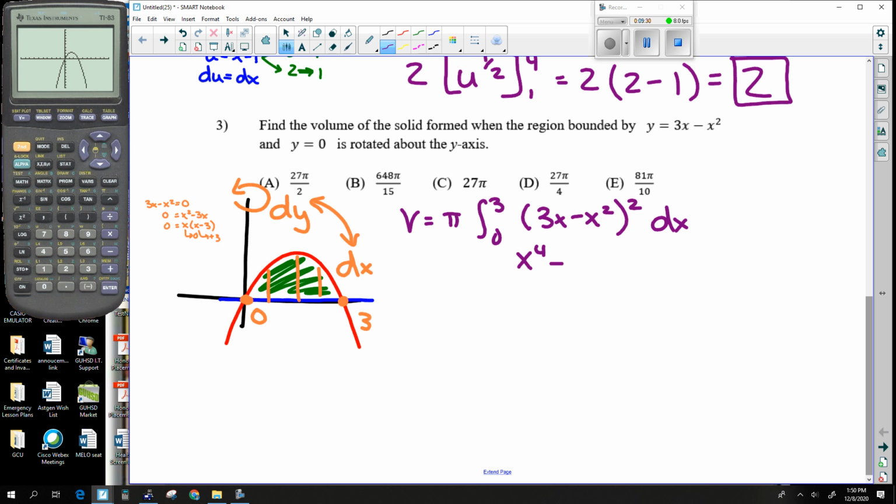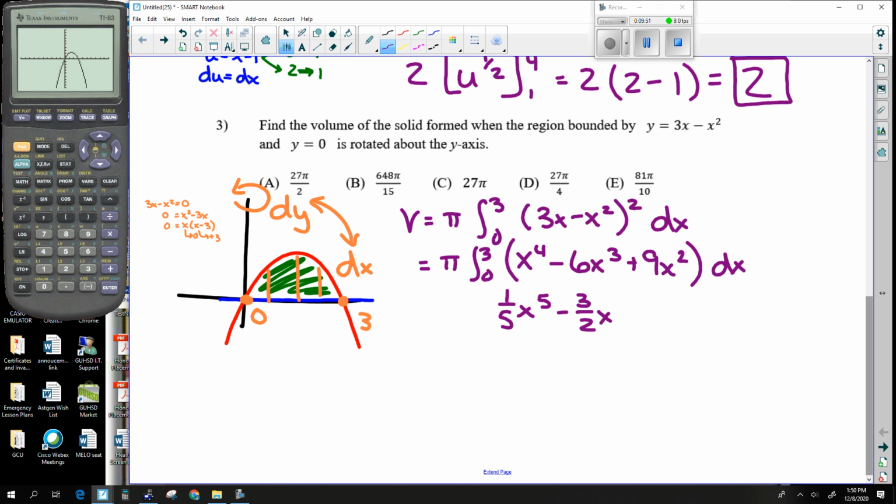X to the 4th minus 6x to the 3rd plus 9x squared. See what we get.